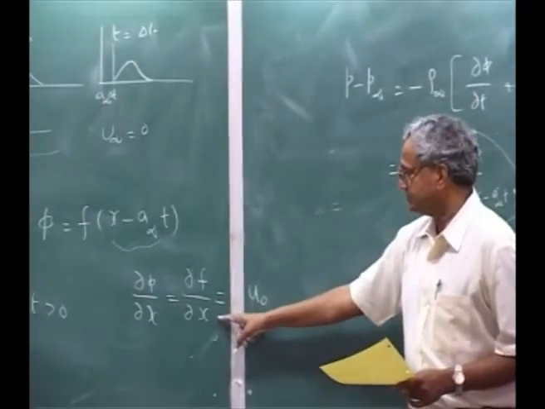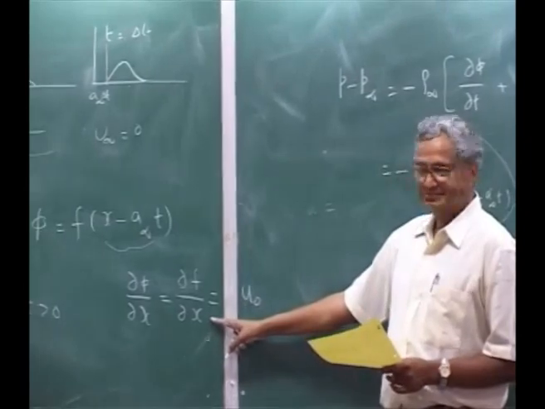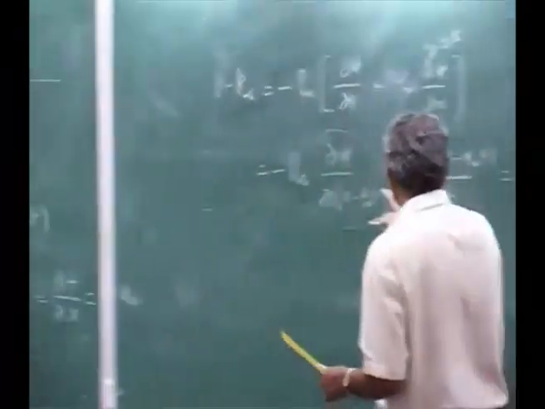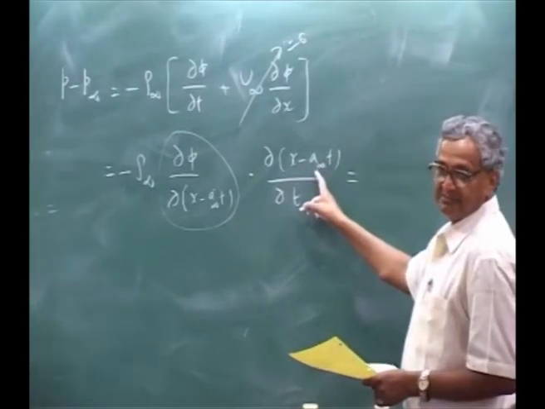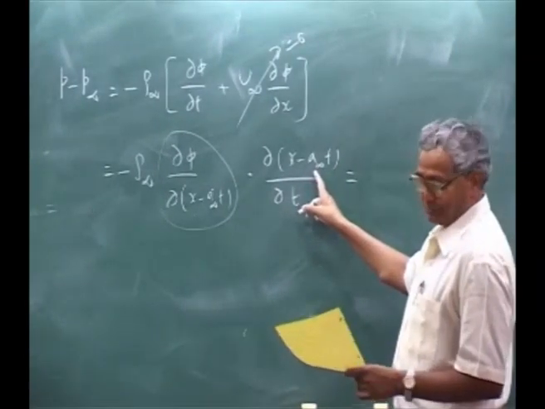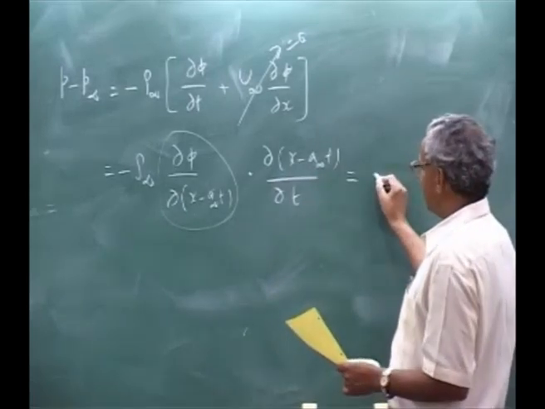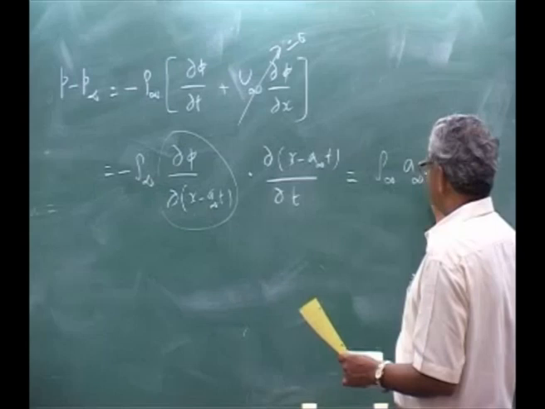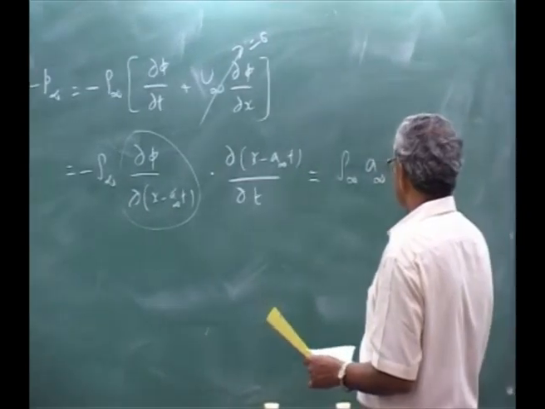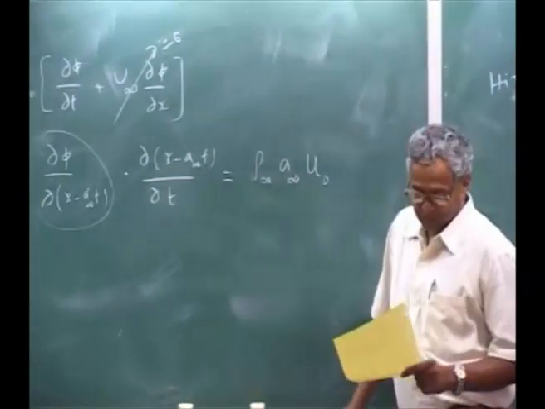Delta phi by delta x is u naught, and the other is minus a infinity, so you will have plus. So the pressure is rho infinity a infinity u0.